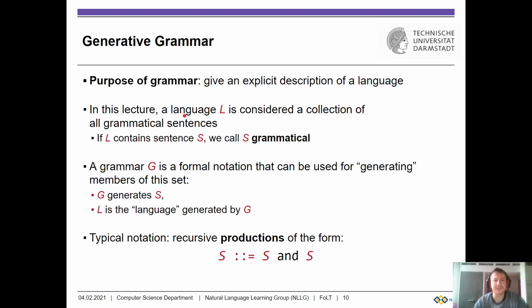So in a generative grammar, a language L is considered a set of all grammatical sentences. That means if L contains a specific sentence, we call the sentence grammatical.